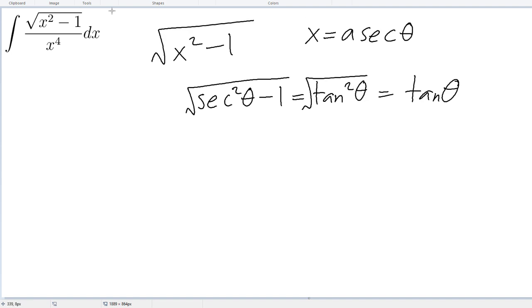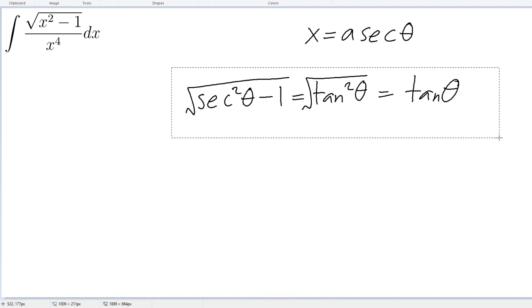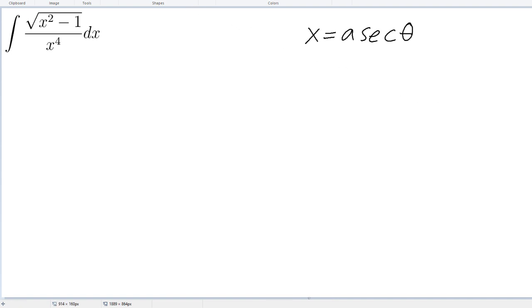And so that's why we want to do trig substitutions, just to get rid of that square root. So we will be using secant theta. Now, what is a going to be? Here, a squared is just 1, so a is 1, of course, 1 from here and 1 from here.